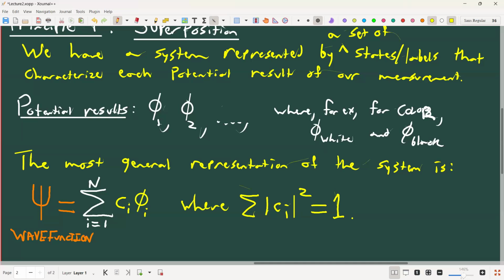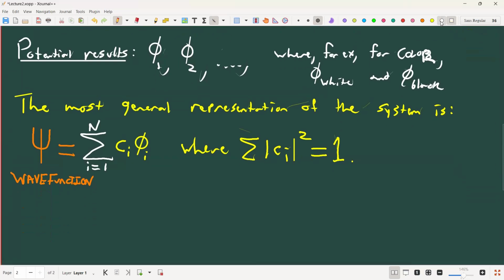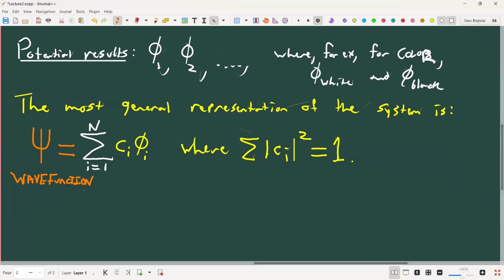Right, so let's just do a quick example for the electron. And we'll work out the math on this as we go through the class. Again, we don't know exactly how to work with this yet, but we will.